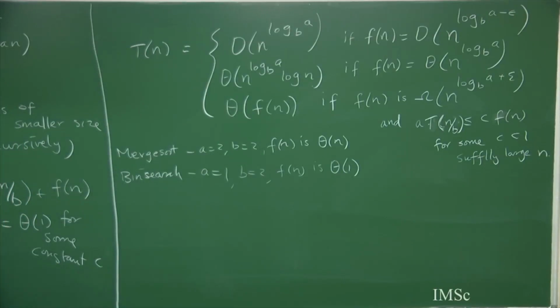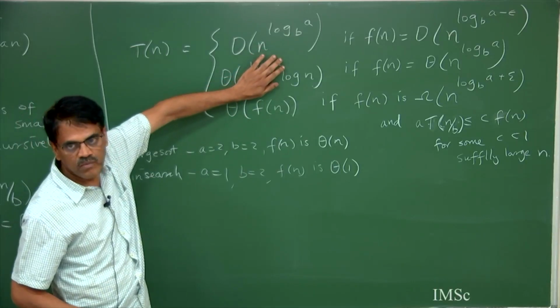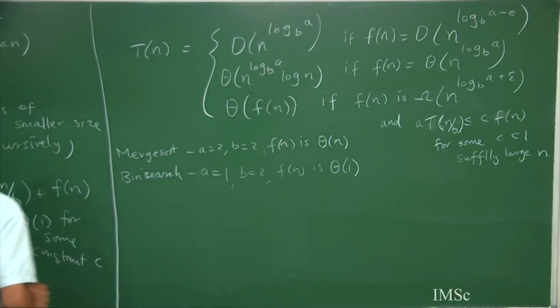So here also log a to the base b is 0. So n to the power log a to the base b is 1, and it's asymptotically the same as f of n. So there is an extra log n factor. So that gives you log n. This thing vanishes to 1. So you get log n.